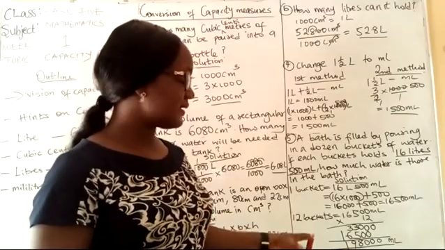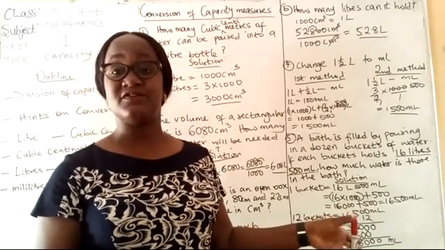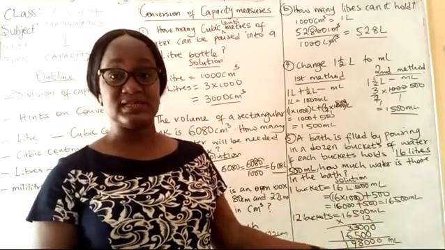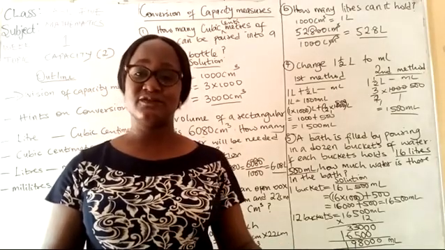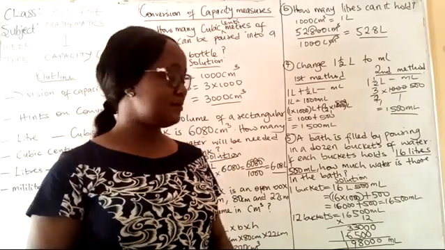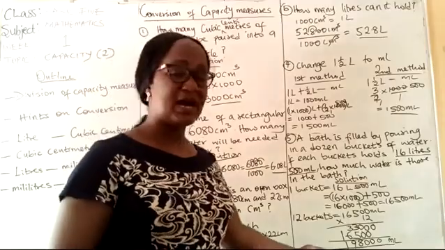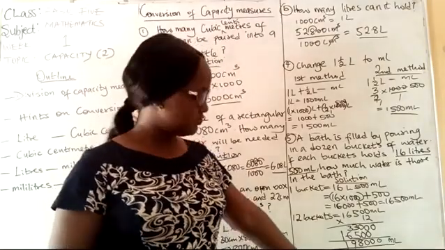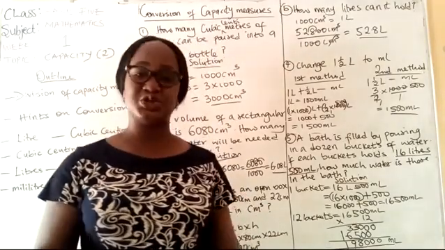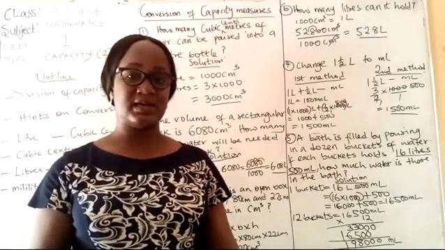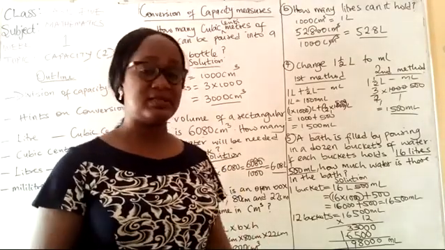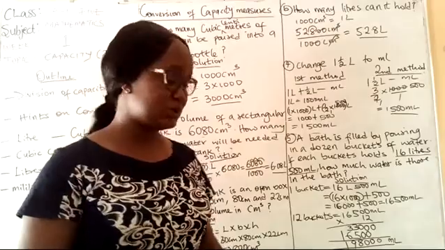But the basic unit for capacity is liter, not milliliter, right? Milliliter is used for smaller capacity. So when you have this, it is big, right? You're expected to change it to liter, and that will be your final answer.